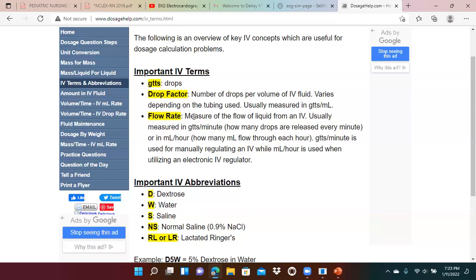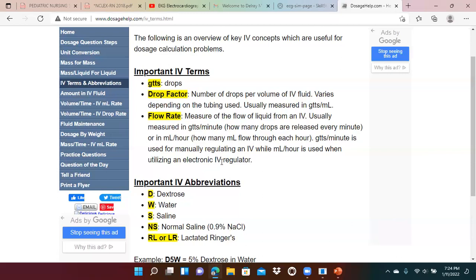Flow rate is the measure of the flow of fluid from an IV, usually measured in GTT per minute, meaning how many drops are released every minute, or in ml per hour, meaning how many ml flow through each hour.